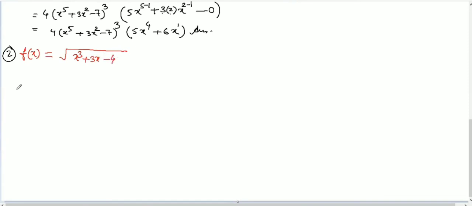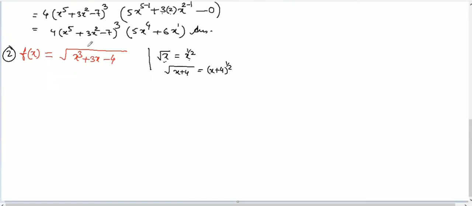How to differentiate this? So first write it down. This is a square root. If you have square root of any number or anything, it means the power of half. So both are the same. If you have square root of x plus 4, it means (x plus 4) to the power half.